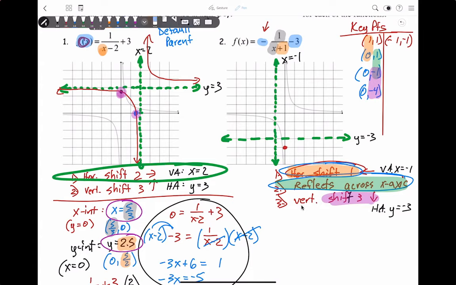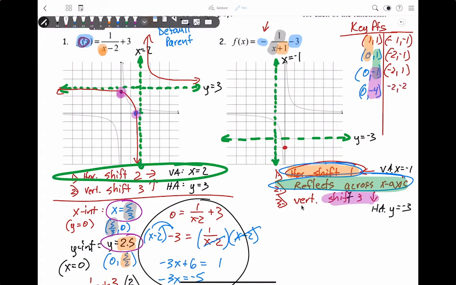Now let's look at this other one, -1, -1. If I shifted it 1 to the left, I'm going to subtract, and I'm going to get -2, -1. If I reflect it across the x-axis, I'm going to multiply the y value, so I'll get -2, 1. And then if I vertically shift 3 units down, I'm going to get -2, -2.